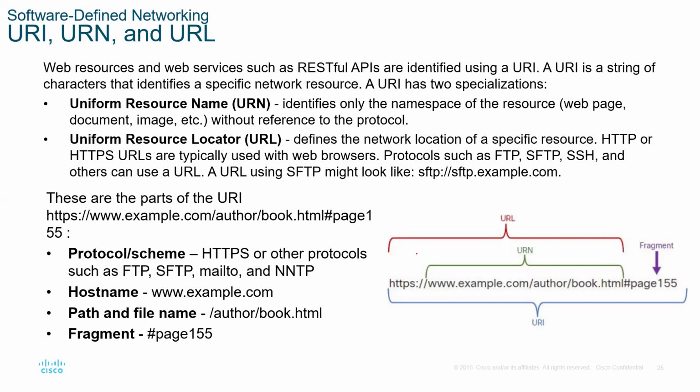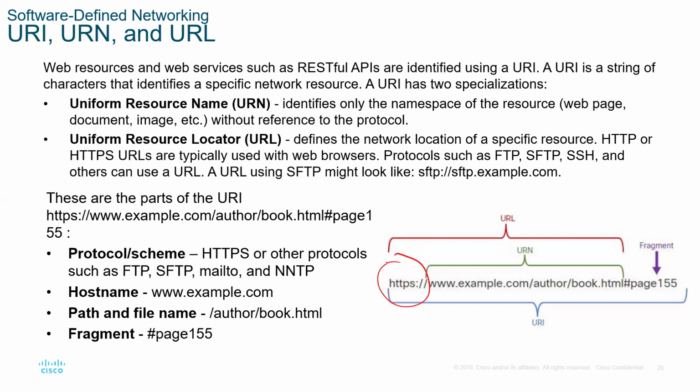Where do you want to get your information? It identifies that resource. And it is defined by those two, the URN and the URL. One identifies the specific location of the resource, usually identified by the protocols, that is the URL.